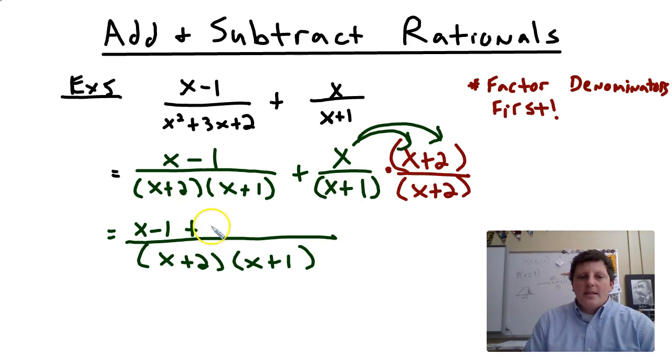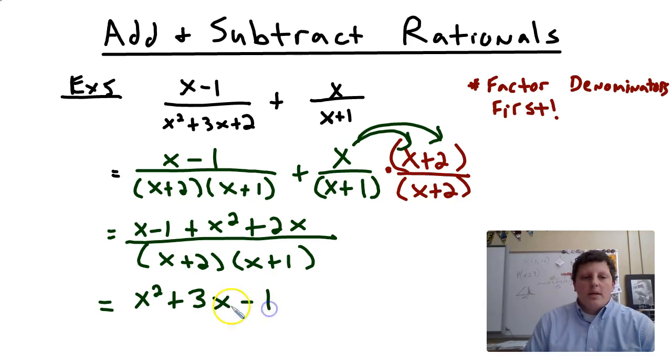So x times x is x squared, and x times 2 is positive 2x. Let's get this in descending order. X squared, 1x plus 2x is 3x, minus 1, over x plus 2 times x plus 1.